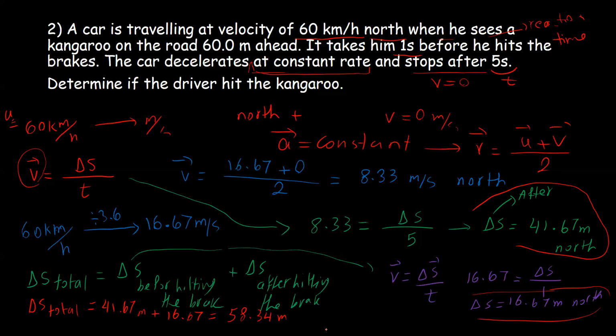So after traveling 58.34 meters, the car stops. How far was the kangaroo? 60 meters away. So as a result, it doesn't hit the kangaroo. Okay.